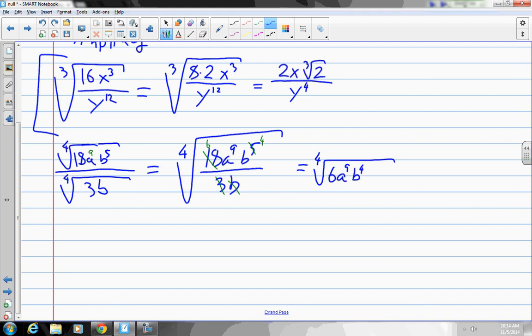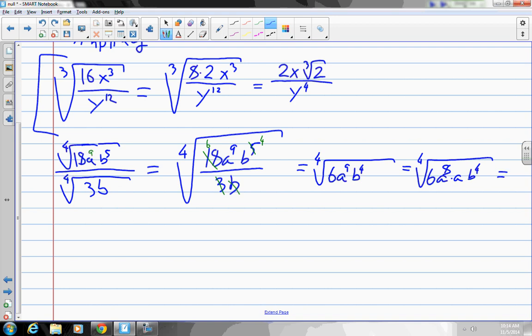Is that okay? So 6, nothing I can do with a 6. No matter how I split it, I won't be able to take a fourth root of it. How about a to the power 9? 8 and 1, right? Because you want to have powers divisible by 4, and b to the fourth, we're good with it. So we're going to split a to the power 9 as a to the power 8 times a, and b to the fourth is already a perfect fourth power.